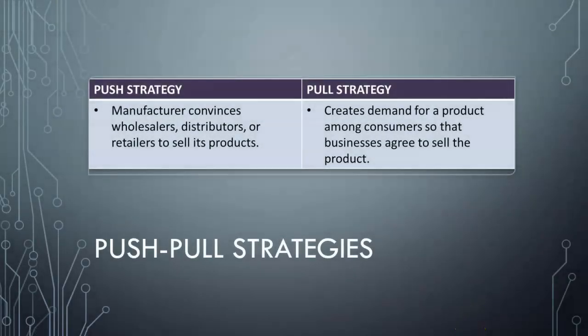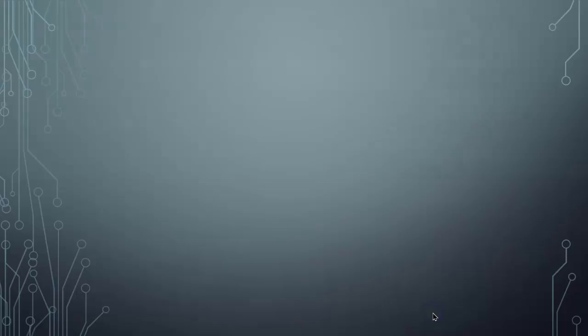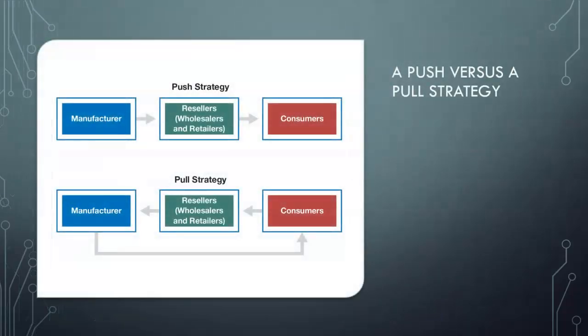Push and pull strategies. The push strategy is when a manufacturer convinces wholesalers, distributors, or retailers to sell its products. Pull strategy creates demand for a product among consumers so that businesses agree to sell the product. This is an example of the push and pull strategy.